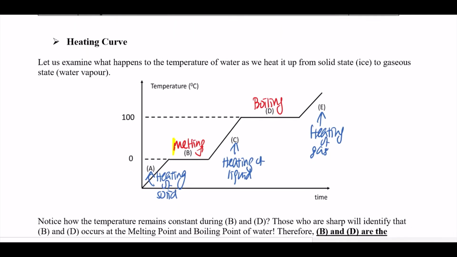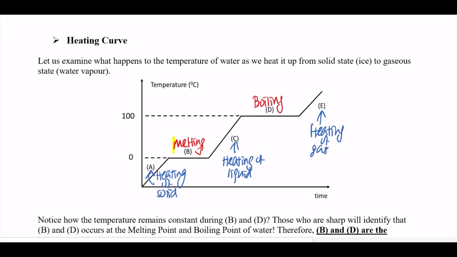Okay, heating curve. At the start of the video I said that when you supply heat to the substance, most of us would guess that the temperature should increase in this way, or in this way, or the other way around, right? But by looking at the experiment, or if you conduct the experiment yourself, you will realize that at certain points of the heating process, temperature does not increase, at these two points.